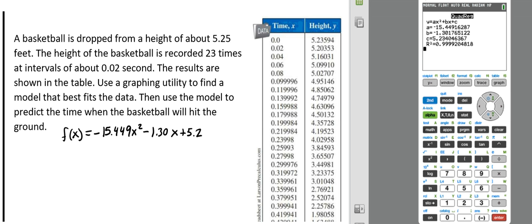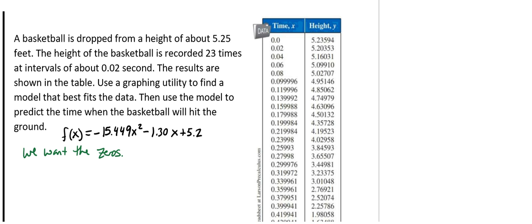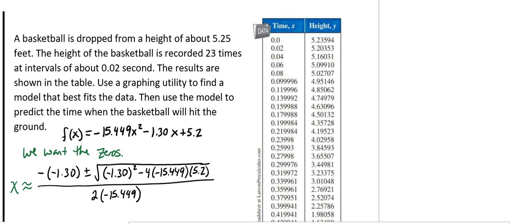And it asks us to use the model to predict the time when the basketball would hit the ground. So what that means is that we want the zeros. And so we're going to go ahead and use the quadratic equation to solve this. So go ahead and push pause, plug this into your calculator, and get your two answers. And then when you're done, push play, and we'll go from there.